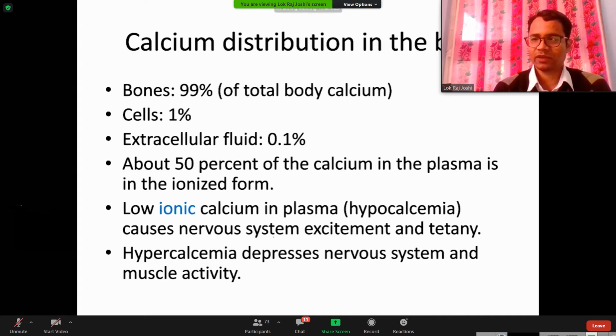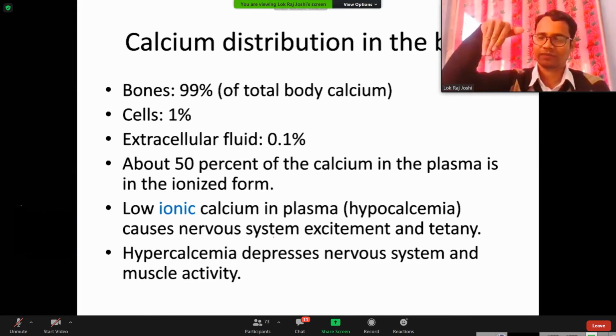A decrease in the level of calcium ions, that is hypocalcemia, also causes an increase in excitability of the neurons and muscle membrane, and therefore there is an increase in the frequency of excitation of the muscle fibers. Therefore there is tetany in hypocalcemia. It is one of the first signs of hypocalcemia. And mostly the muscles in the hand are affected, with sustained contraction of muscles like this one. Involuntary, sustained, strong contraction.